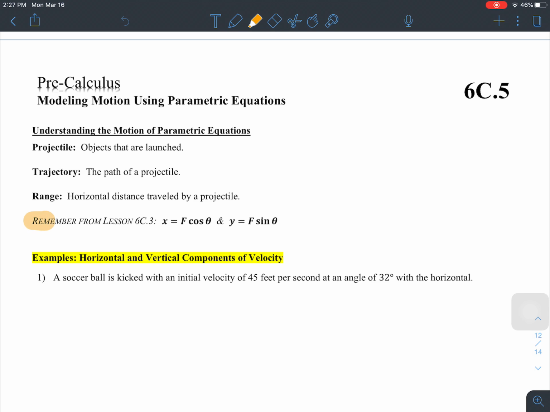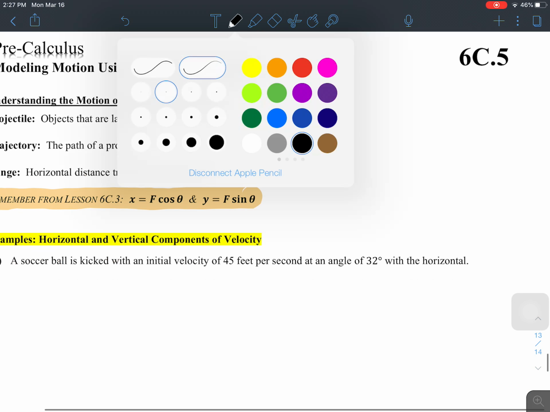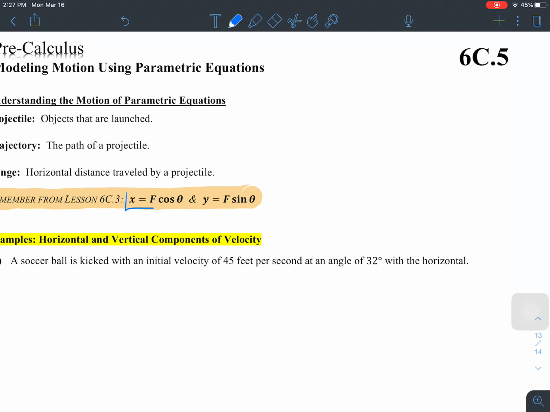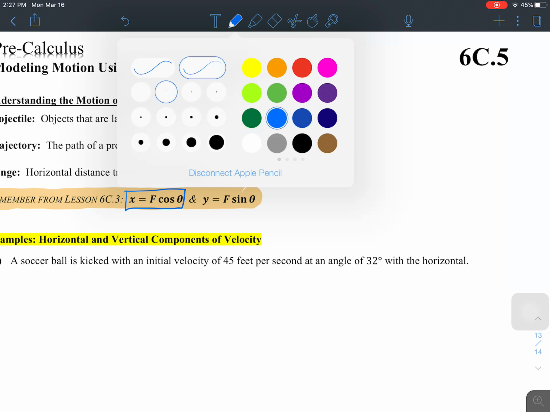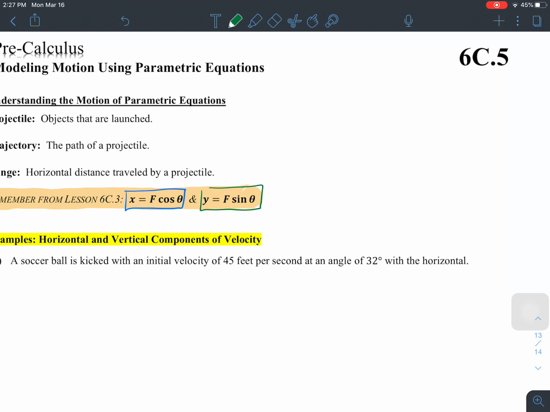Some things that we've learned before, back in 6.3, we looked at these two equations. The first one is your horizontal component, and the next one is your vertical component.